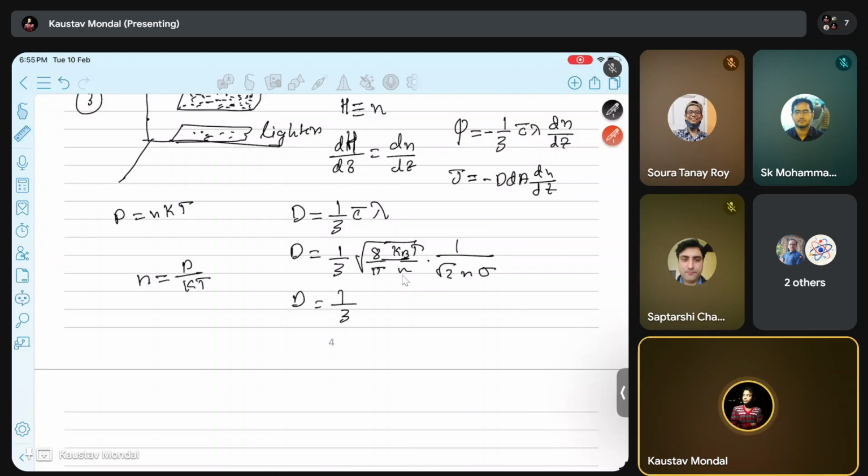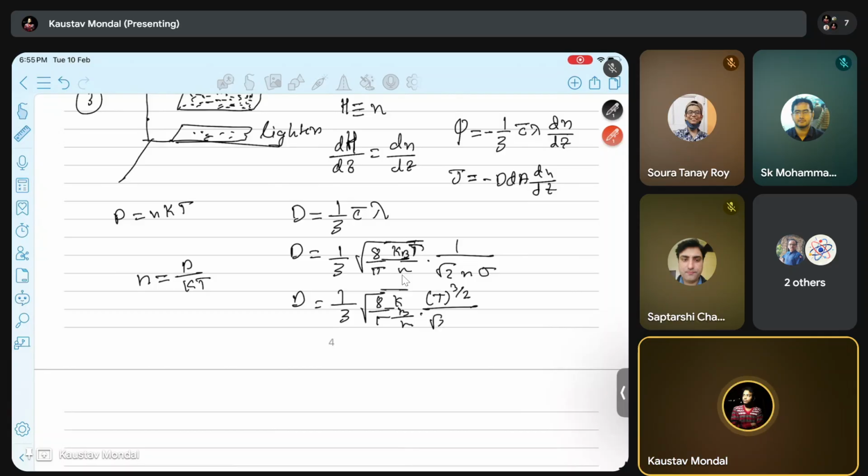If you substitute here the expression of n, you'll get root under 8 by pi kB by m. So there is a square root of T, and if it multiplies with another T, it will give T to the power 3 by 2.